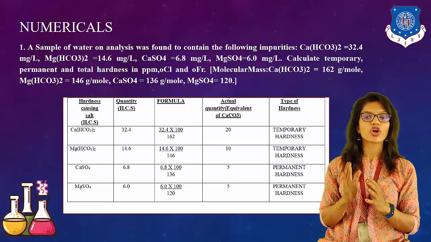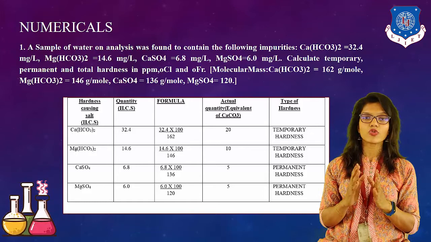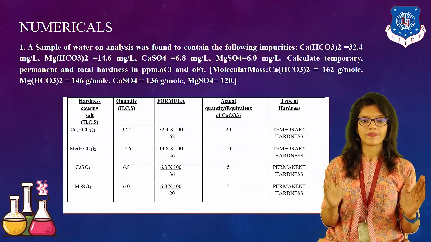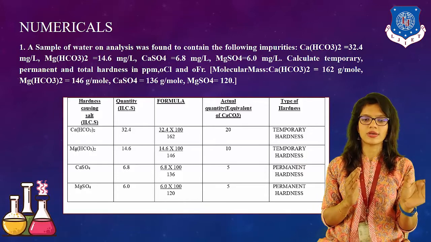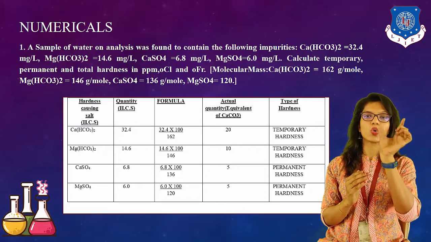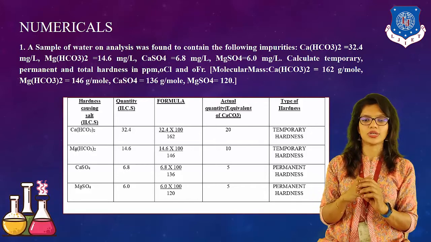Now, the molecular weights are already given to us. We have to form a table like this, which I have shown you in the PPT. So what do we have to do? First we have to write down the hardness causing salts, all the salts which are given. In the second column we have to write the quantity of that hardness causing salt, which is already given in the question.